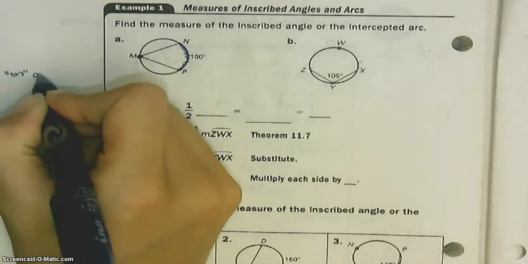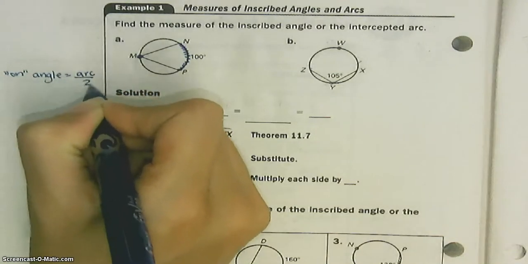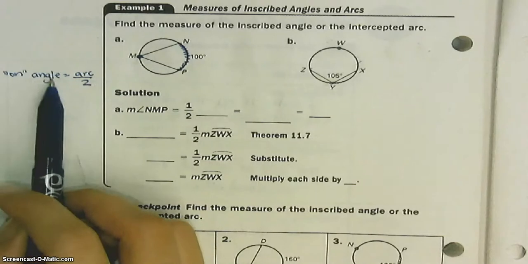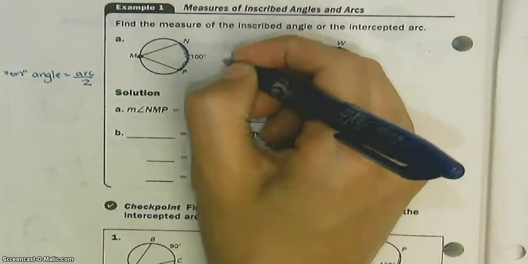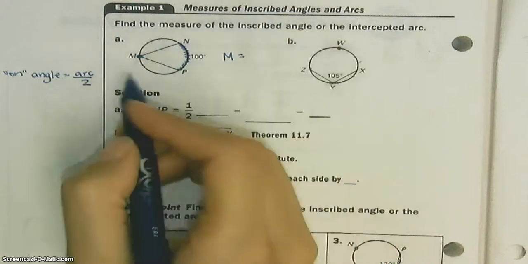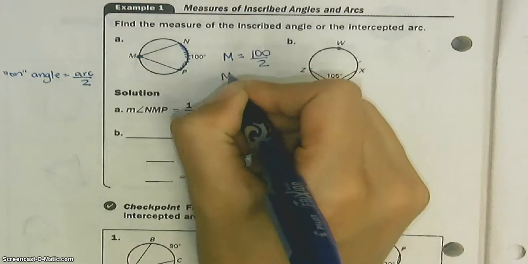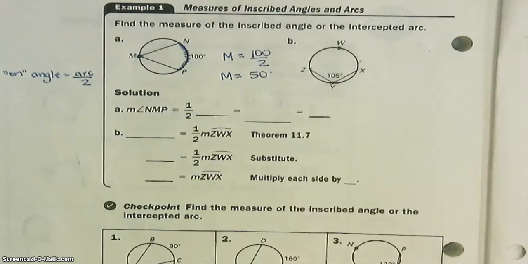On angle equals the arc divided by 2, or half the arc. So let's look here. On angle, well, that's angle M is what we're looking for. So M equals the arc. What arc is it eating? It's eating 100 divided by 2. So M is equal to 50 degrees.